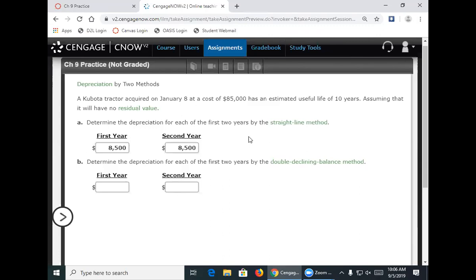Well, it sounds a lot harder than it actually is. All you do to calculate the straight line rate of depreciation is take 100% divided by useful life in years.